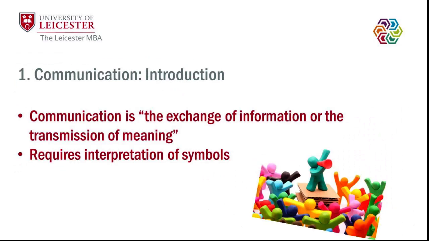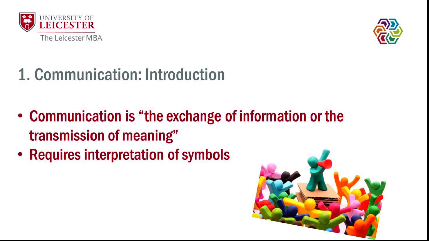Now, the practice of communication covers a wide range of activities and different methods of communication in organisations. And this makes producing a single definition that captures all of these different manifestations rather difficult. So, for example, we might consider communication as simply the exchange of information or the transmission of meaning.